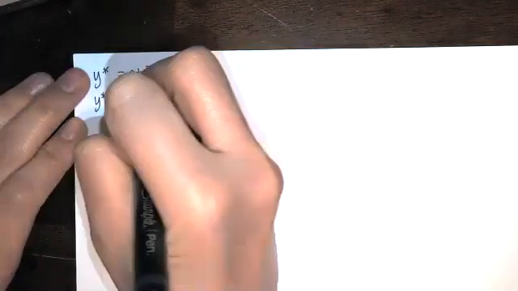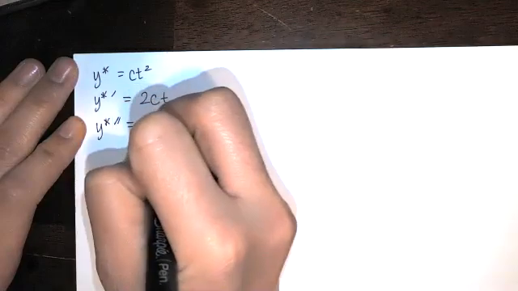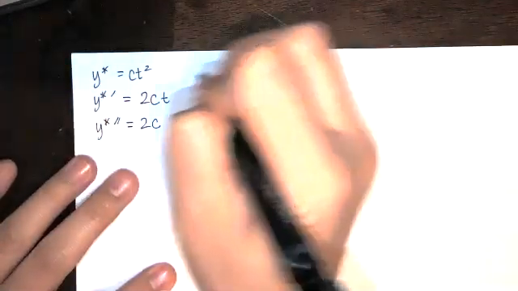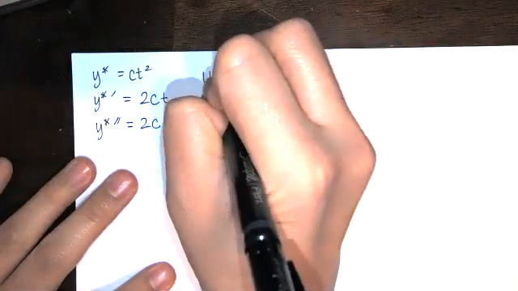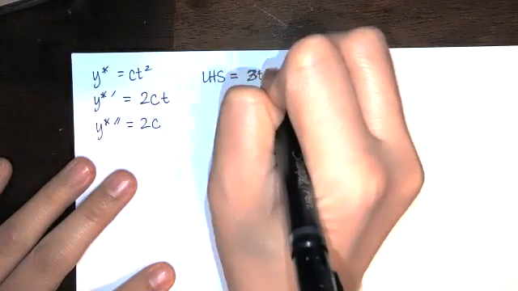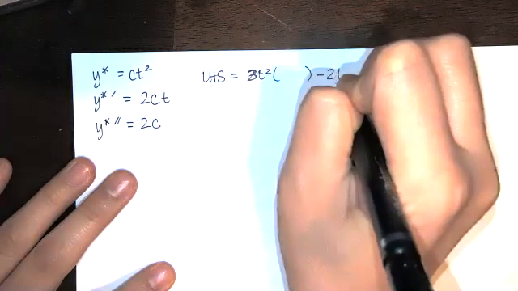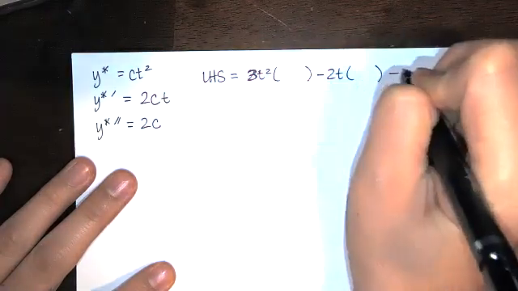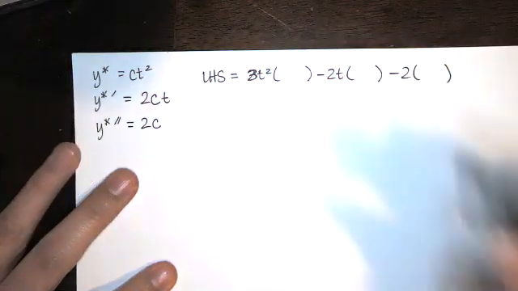So if you've got y star equals c times t squared, y star prime is c times the derivative of t squared, which is 2t, and y star double prime is the derivative of this constant times t, which is that constant. If you substitute into the left-hand side of the differential equation, we had 3t squared times y double prime minus 2t times y prime minus 2 times y.